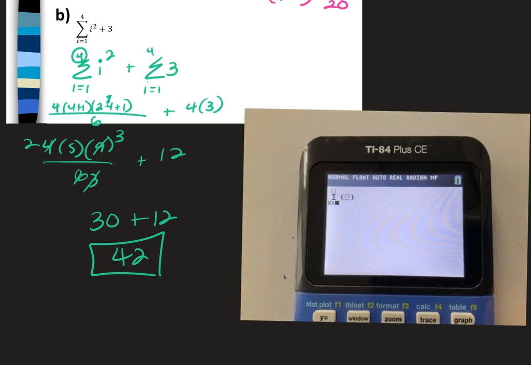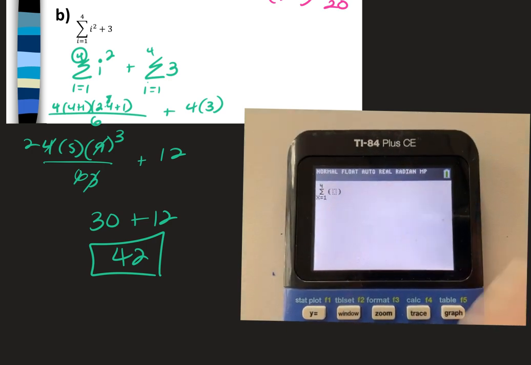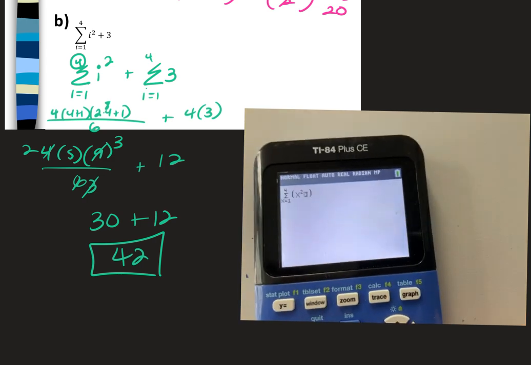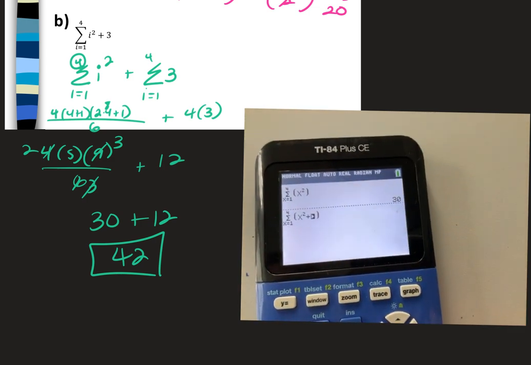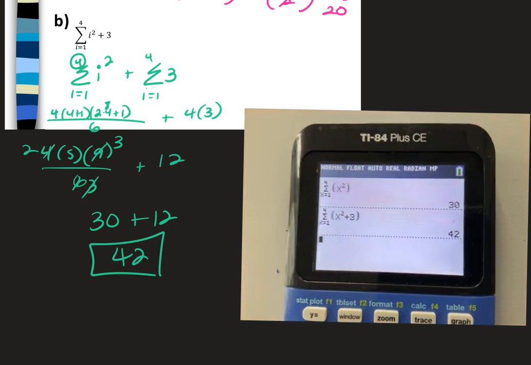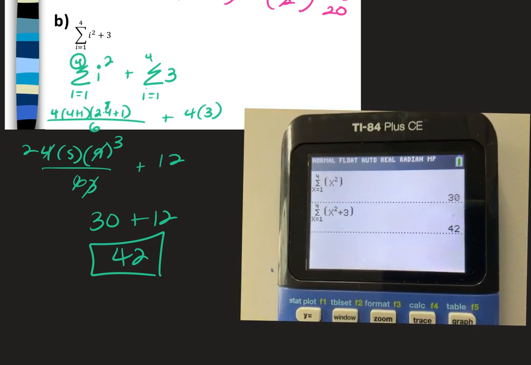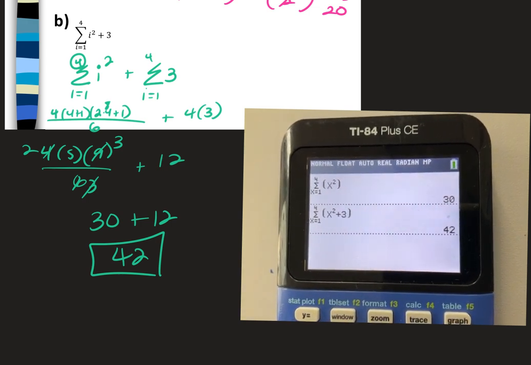So if I'm going to do that last example, we started at 1 at the bottom. At the top, we went to 4. And on the right, it would be x squared plus 3. So whatever's next to it, you type next to it. The i on the bottom, you go x, but all of your i's become x's. That's the only difference. Easy stuff, yes?